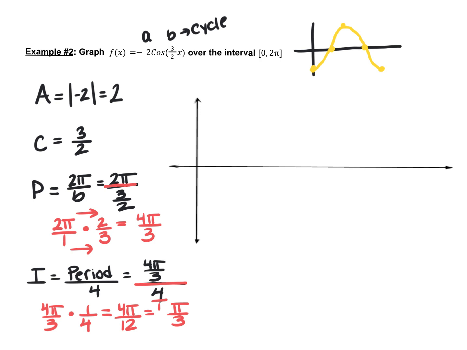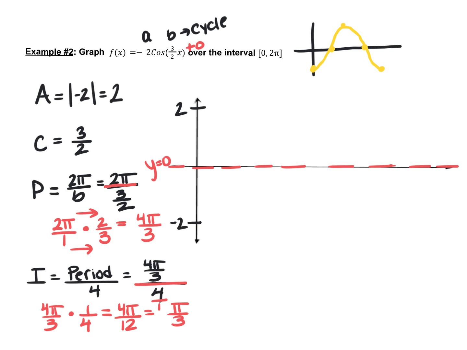So the interval of what we're going to count by is pi over 3. And also remember that since there's no vertical shift, it's plus 0, my midline is going to be at 0. So my amplitude can be 2 and negative 2.